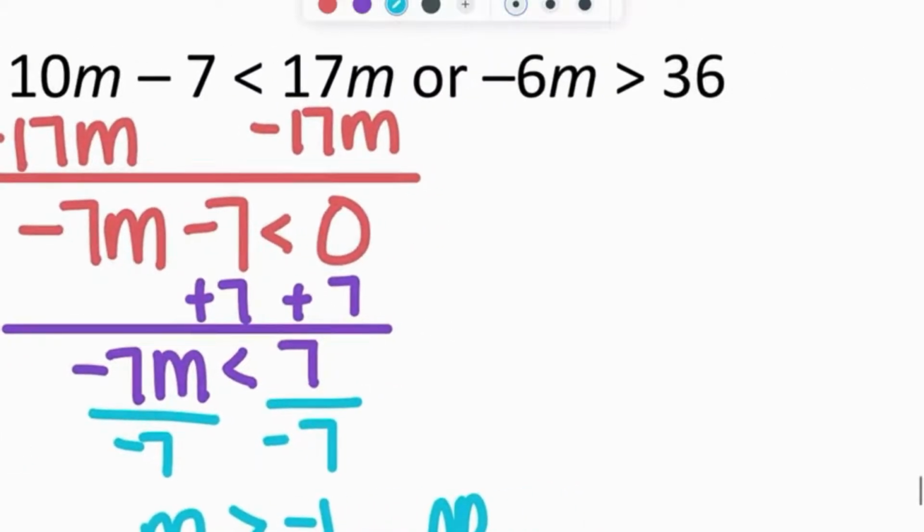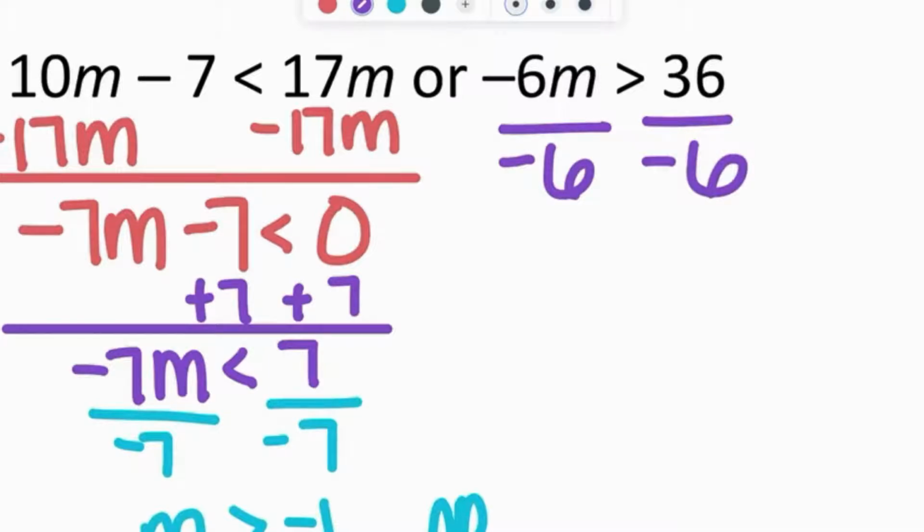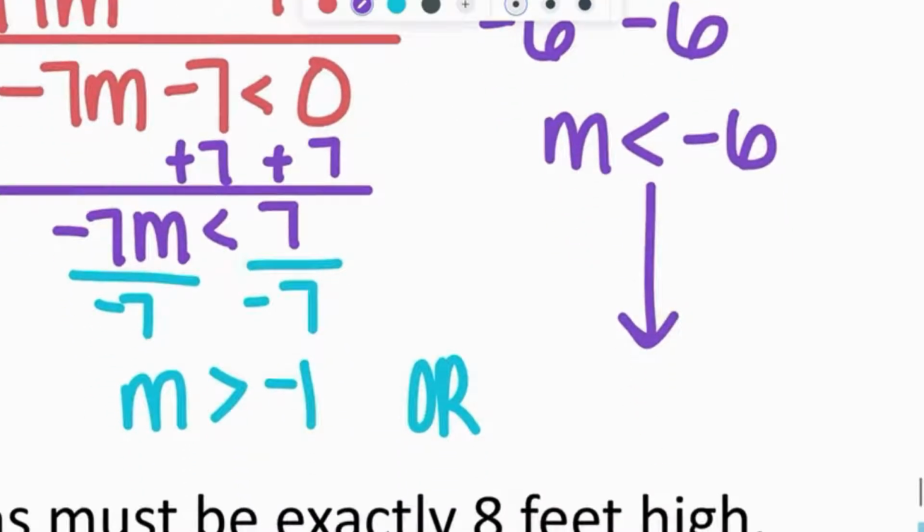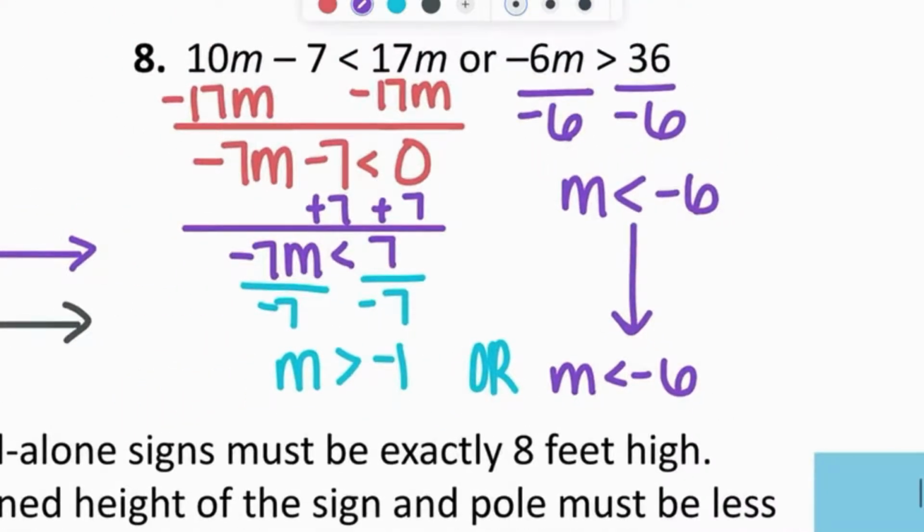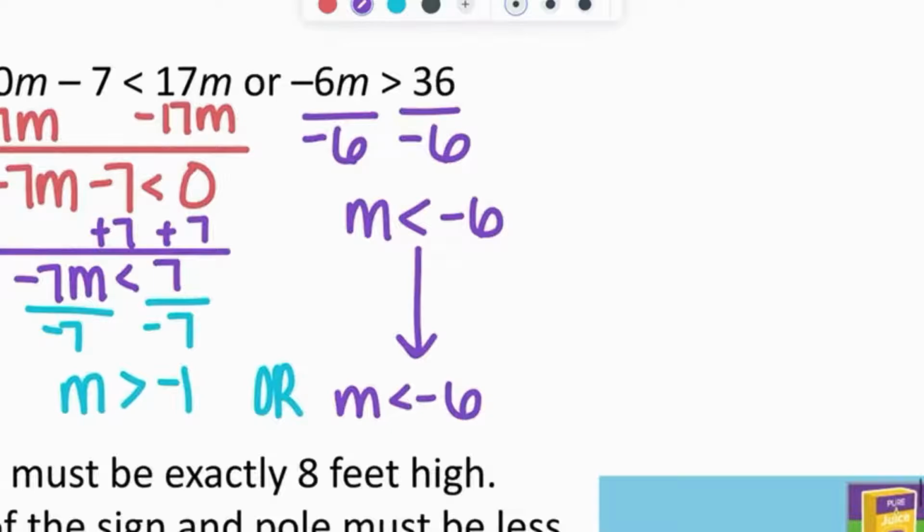Or negative 6m is greater than 36. So it's literally a one-stepper. I'm dividing by a negative, which means I'm going to flip my sign and I get a negative 6. So if I bring these down together, m is bigger than negative 1 or it's smaller than negative 6.